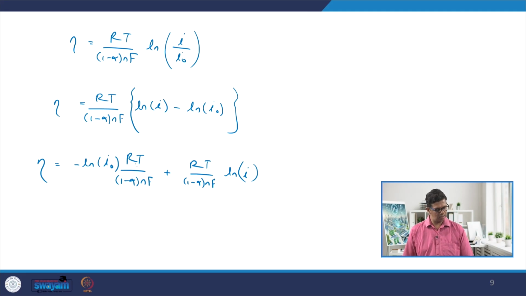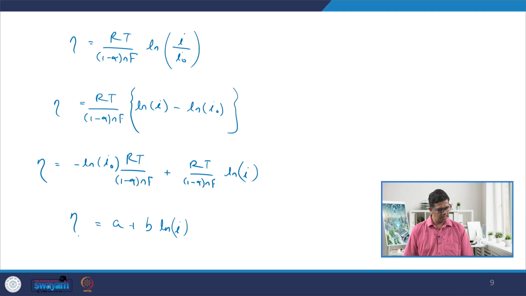So, this first term on the right hand side is constant and the relation is between eta and I. This is sort of an equation of a line. So, eta equals A plus B ln I.